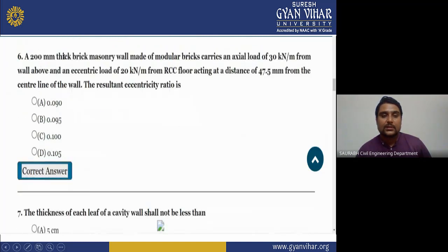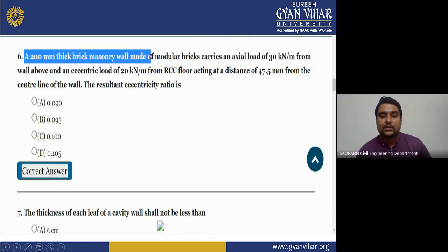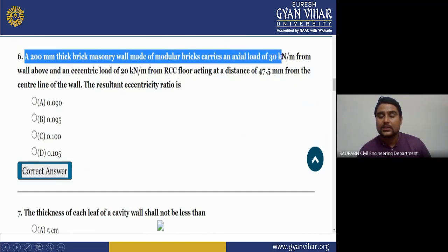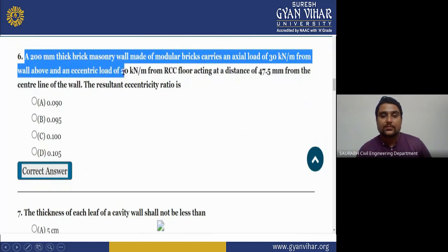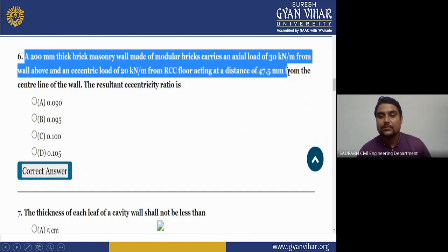A 200 thick brick masonry wall made of modular brick carries an axial load of 330 kilonewton per meter from the wall above and an eccentric load of 20 kilonewton from the RCC floor, acting at a distance of 4.75 from the center line of the wall.